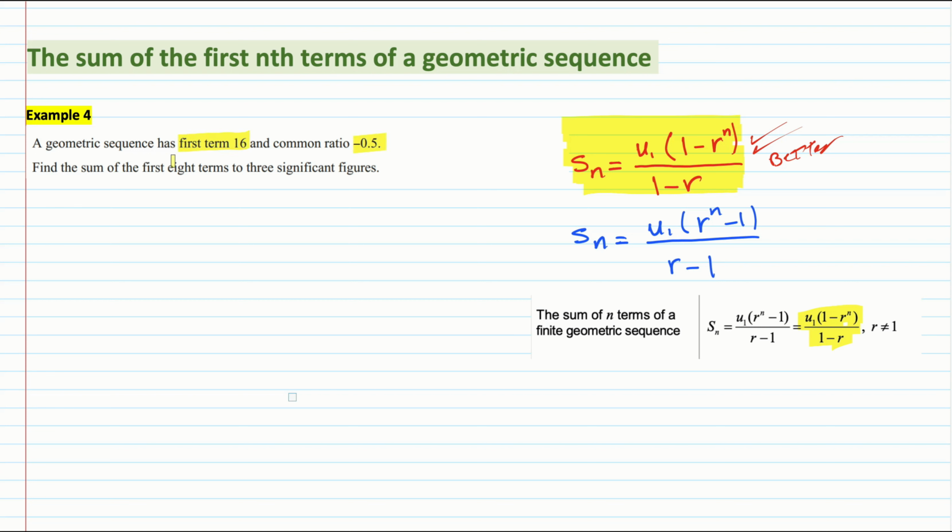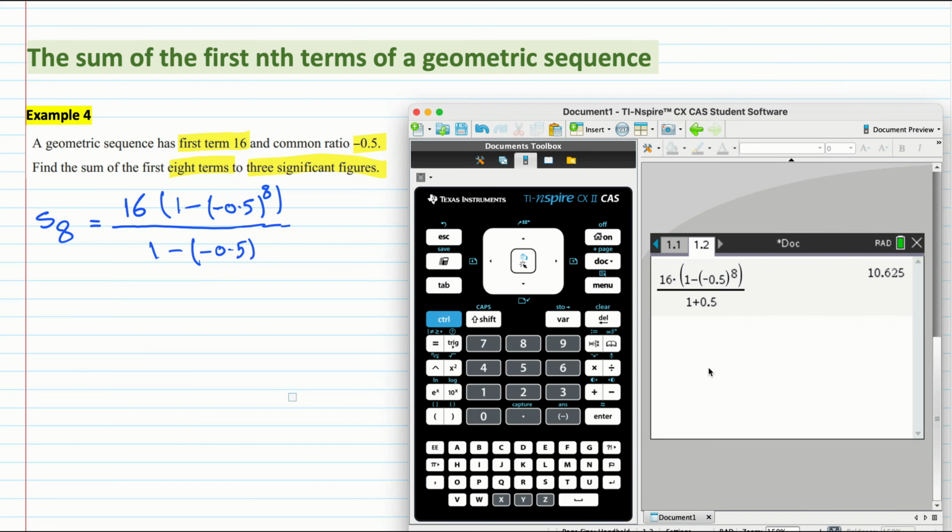Find the sum of the first 8 terms to 3 significant figures. Direct substitution, so you have S8 equals U1, 16, multiplied by 1 minus the common ratio, so 1 minus negative 0.5 all power 8, over 1 minus negative 0.5. You may use your GDC to evaluate the answer, which is going to be 10.625.